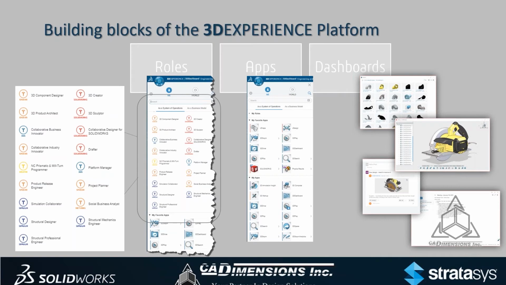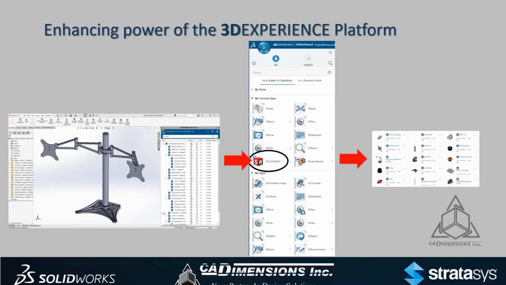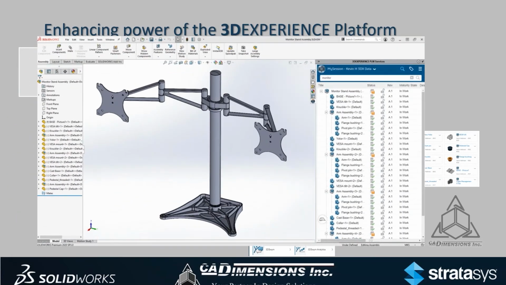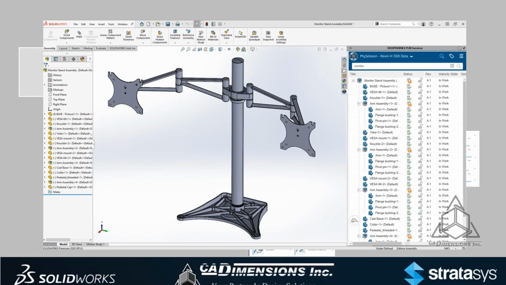Perfect. So that was week 1. In week 2, we talked about how the platform enhances what we know of SolidWorks today. We introduced a role called Collaborative Designer for SolidWorks that gave us a vision of how we can connect SolidWorks to the platform, how we can take data and revision manage it and lifecycle manage it out on the platform.